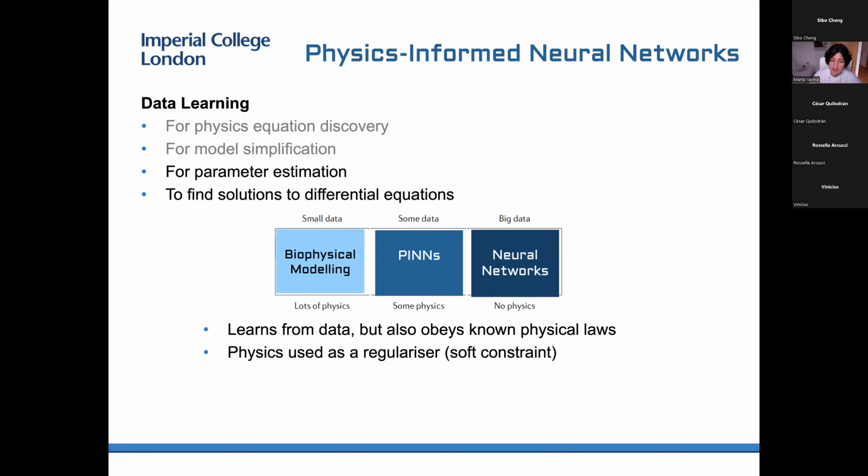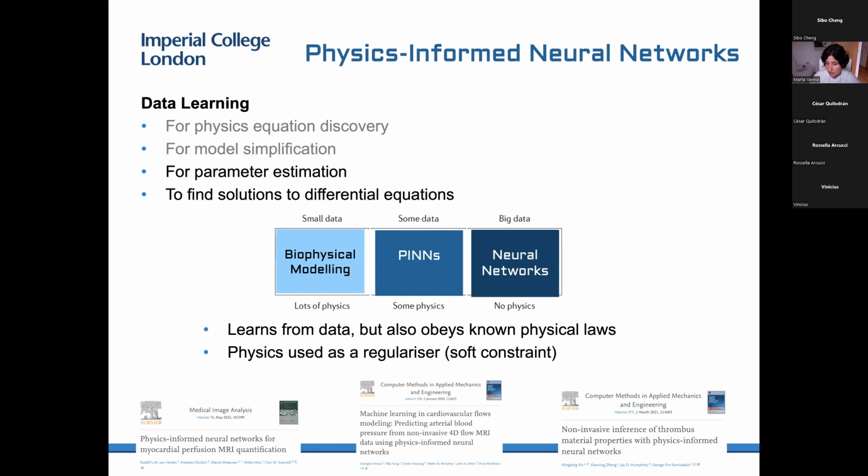So the physics is here in the architecture used as a regularizer, and it's been used across lots of different areas in medicine, typically linked to blood flow, which are the examples that I'm showing you here.